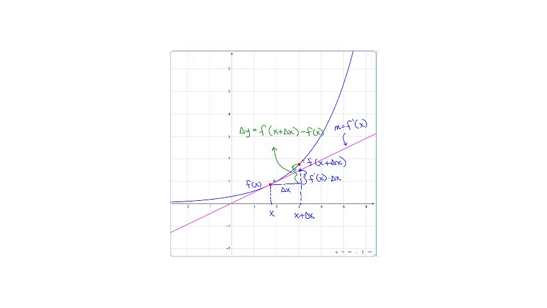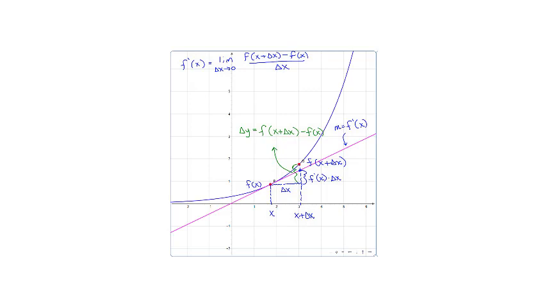Let me parse through exactly what is happening here. So we have the derivative of a function defined as a limit as delta x goes to 0 of f of x plus delta x minus f of x, all over delta x.